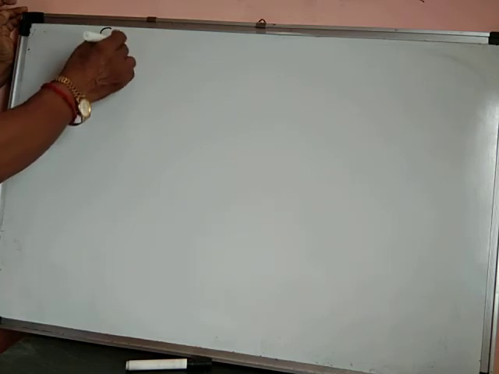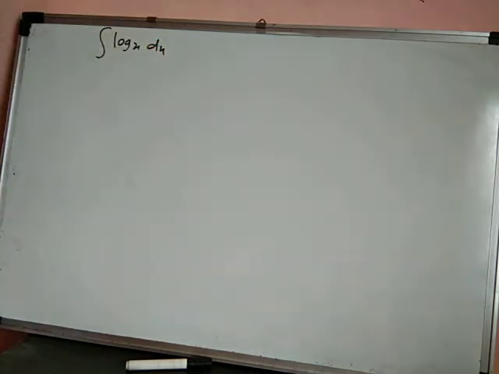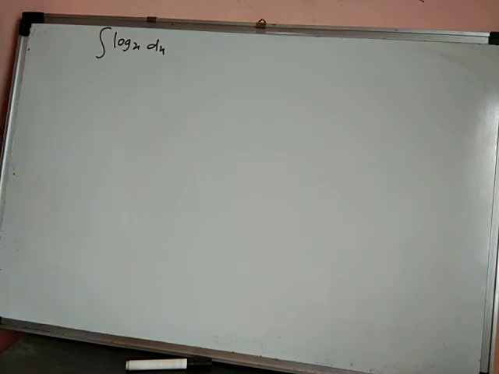Now I have not yet given you what is integration of log x or what is integration of inverse functions like sin inverse x, cos inverse x. So let us see log x dx. Remember one thing, if the logarithmic function or inverse function is alone, then multiply it by 1 and then start integrating. Take 1 as v.